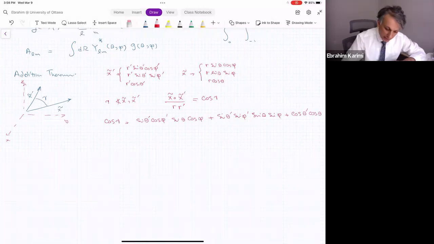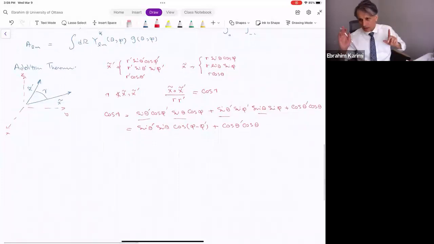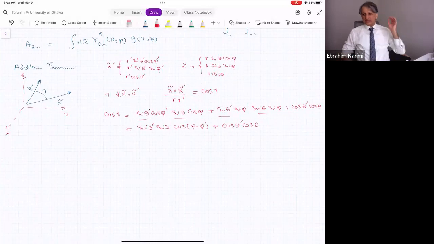Okay, you can factor out sine of theta prime from these two, and then what you will get is sine of theta prime sine of theta times cosine of phi minus phi prime, or vice versa, it doesn't matter, plus cosine of theta prime cosine of theta. So indeed, that is the angle between the two vectors x and x prime, if you want to expand them in spherical coordinates.